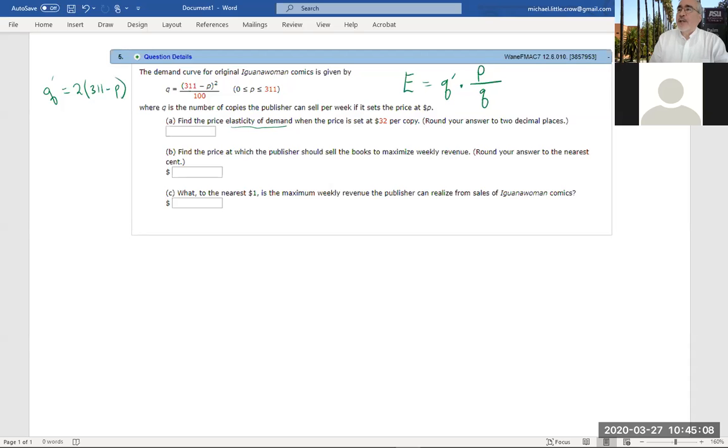We subtract 1 from the exponent, so now this is to the first power. And then we use the chain rule. It's all still over 100. We take the derivative of the inside, and the derivative of the inside is just negative P, which is -1.